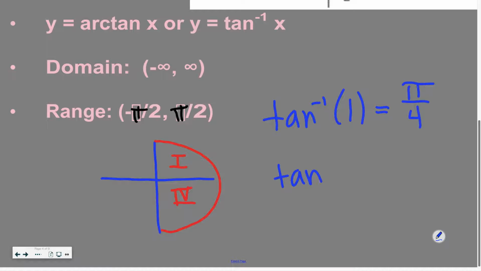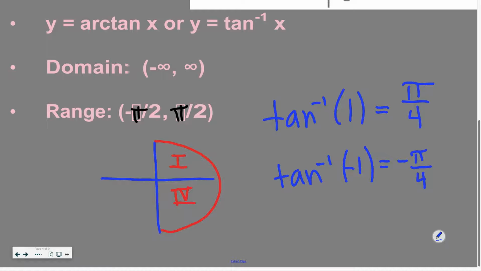If I ask you for the inverse tangent of negative 1, we have to rotate to the fourth quadrant, but in the negative direction, so we can fit the range. In my opinion, it makes it easier for yourself. Think of the first quadrant angle, but if it's negative, make the angle negative.